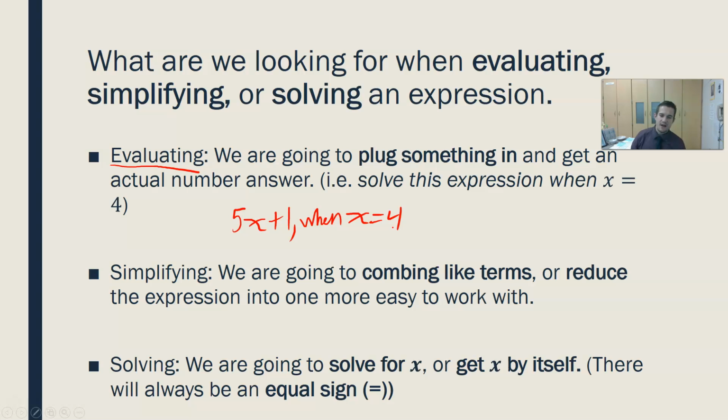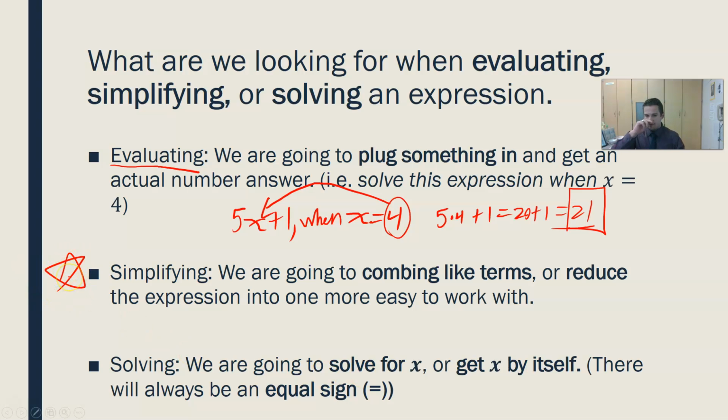So like I have 5x plus 1 when x is equal to 4. In order to evaluate this expression, I would plug 4 in for x and have 5 times 4 plus 1, which would be 20 plus 1, which is 21. So when I'm evaluating some mathematical expression, I'm giving you some value to plug in. And then I crunch my numbers and I'll get one number answer here, 21.